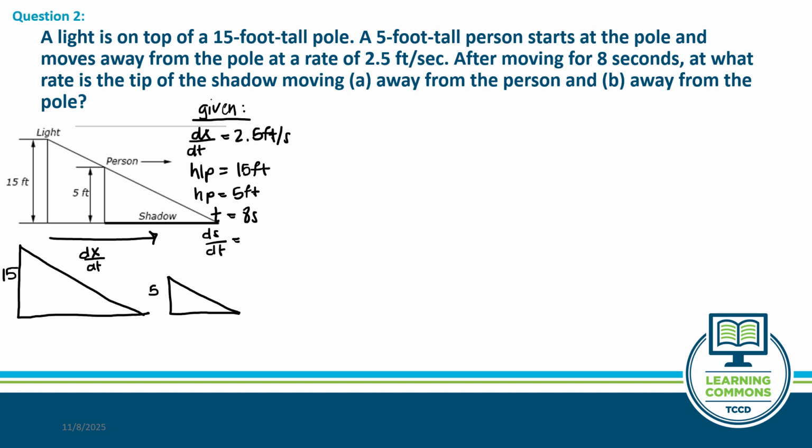I don't know that yet. Okay, so the rate the shadow is moving away from the light bulb, so going from here to here, is this x plus t.